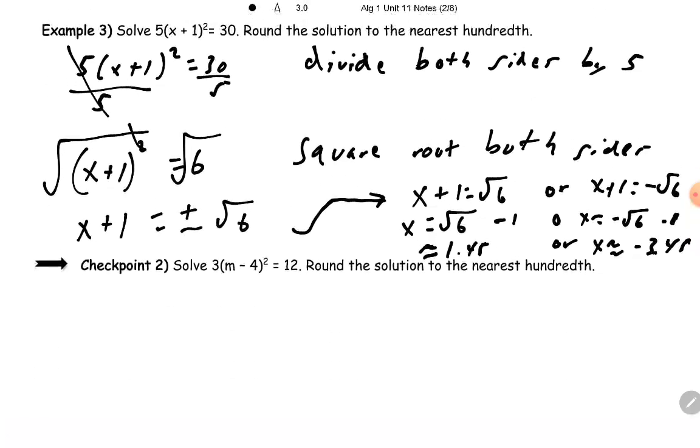Alright, let's do that again. So we're going to divide both sides by 3. That cancels out. M minus 4 quantity squared equals 4.